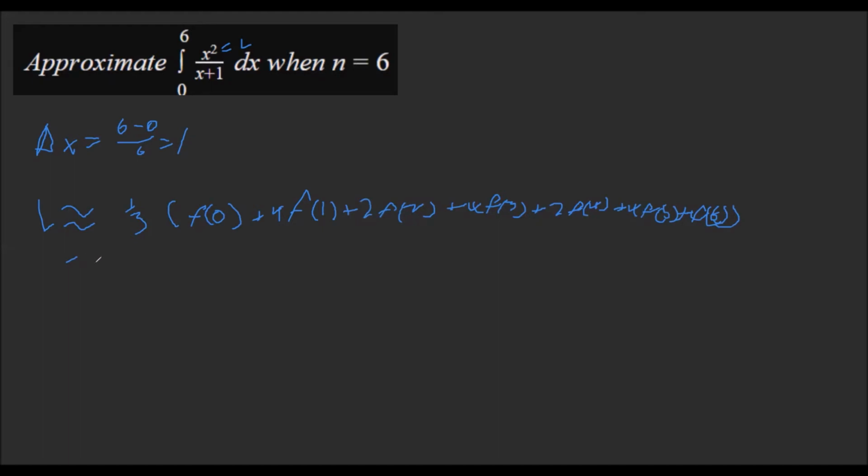Okay, so now we can say that this is equal to 1/3 times f of 0, which is going to be 0, plus 4 times f of 1, which is 4 times 1/2, plus 2 times f of 2 being 4/3, plus 4 times f of 3, which is 4 times 9/4, plus 2 times f of 4, which is 2 times 16 over 5, plus 4 times f of 5 being 25 over 6, plus f of 6, which is 36 over 7.